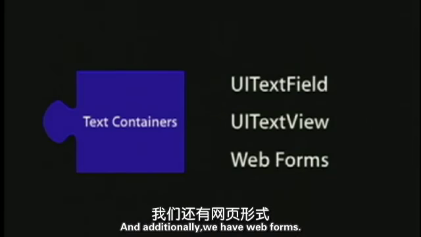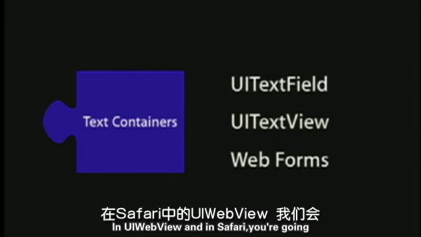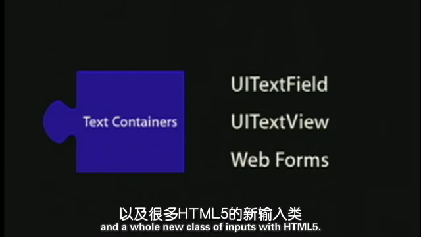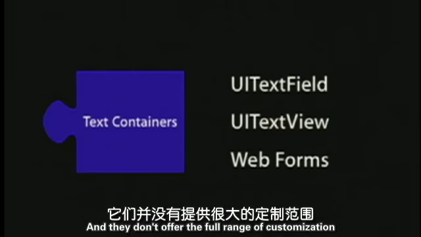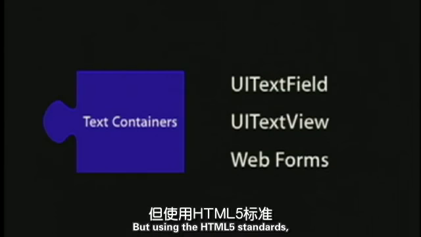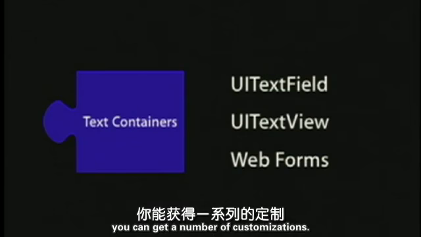And additionally, we have web forms in UIWebView and in Safari. You're going to encounter text widgets, both text inputs and text areas, and a whole new class of inputs with HTML5. And they don't offer the full range of customization that our built-in text input traits do. But using the HTML5 standards, you can get a number of customizations.